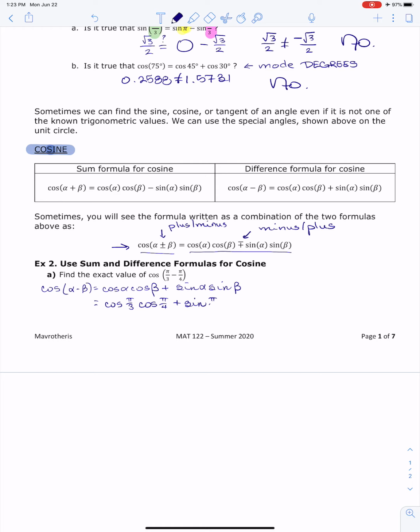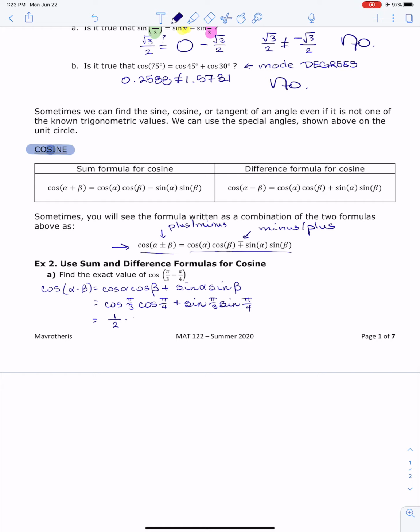Alpha is still pi over 3, and beta is still pi over 4. Okay. Notice the minus is taken care of in terms of the formula. It's not attached to the pi over 4. So the cosine of pi over 3 is 1/2.